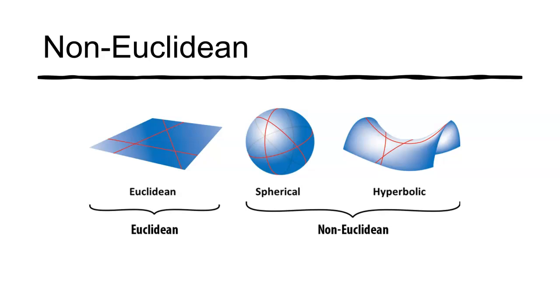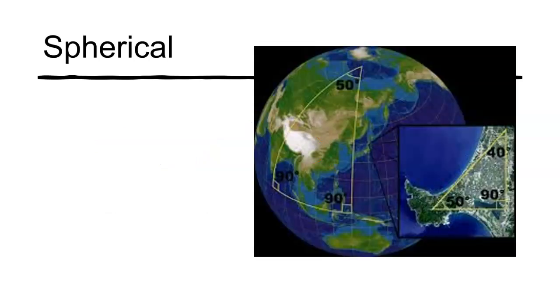I also want to point out that Euclidean geometry is not the only type of geometry in the world. There are some other fields of mathematics that study non-Euclidean geometry. It's actually kind of surprising that Euclidean geometry is the geometry that we wound up really studying in mathematics because we live on a big sphere.